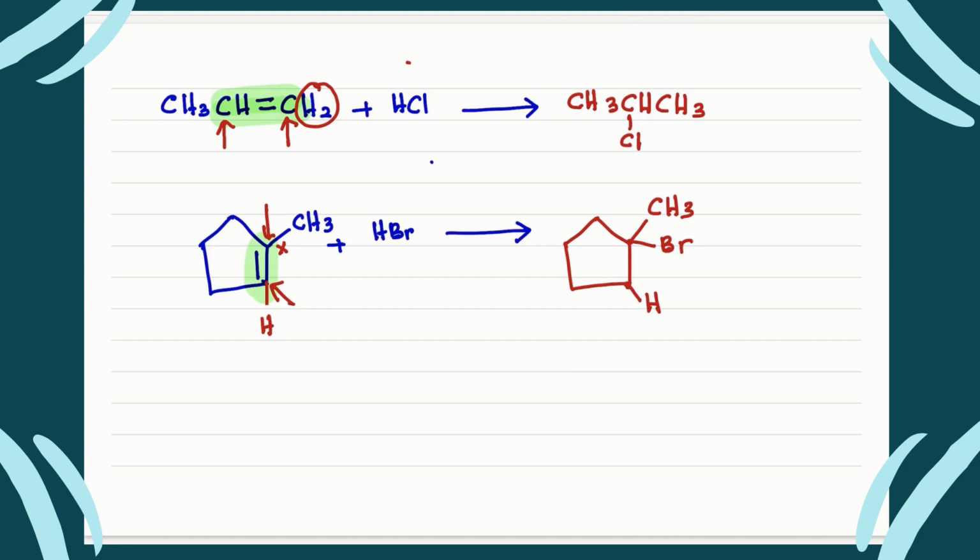Okay. What happens if we have a compound like this, which is symmetrical? We call it symmetrical. So bromine will attach to which position? Since it is symmetrical and each carbon contains an equal number of hydrogens, where this one has one hydrogen and this one also has one hydrogen, you can put it at any position.